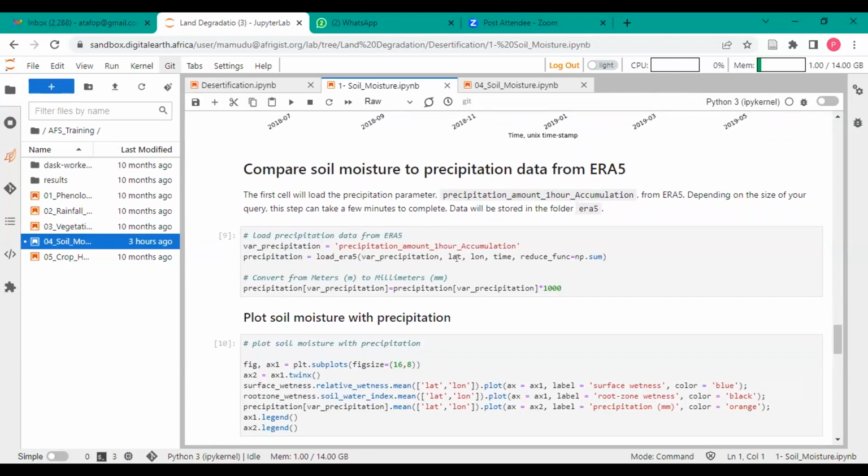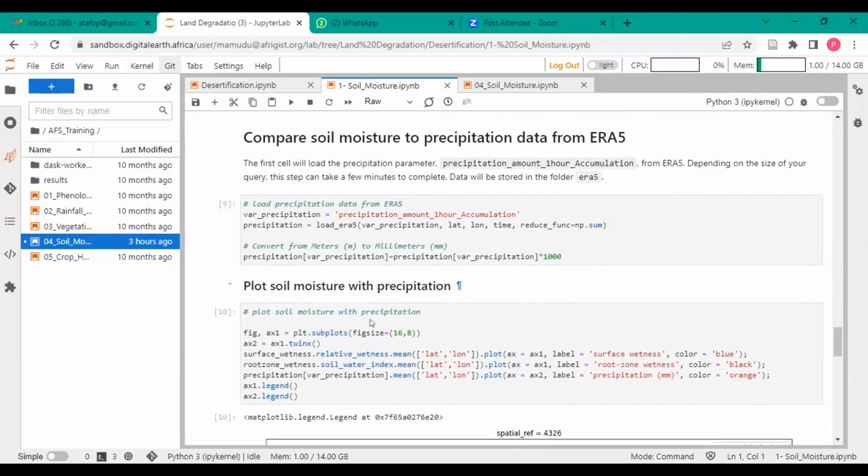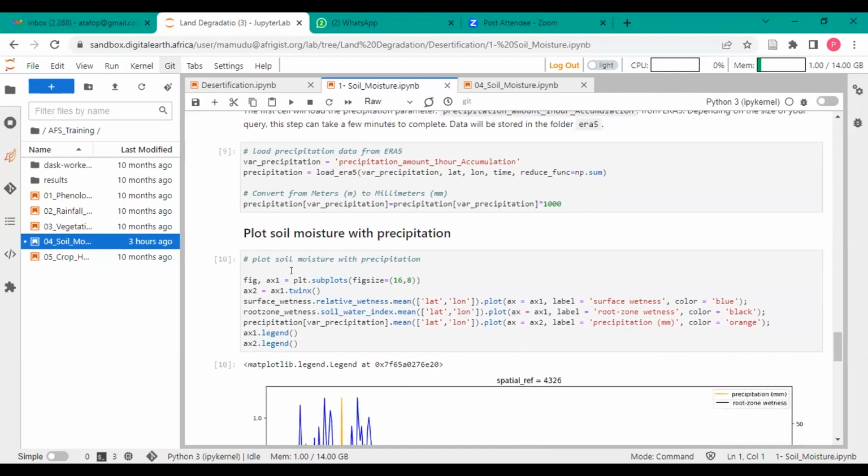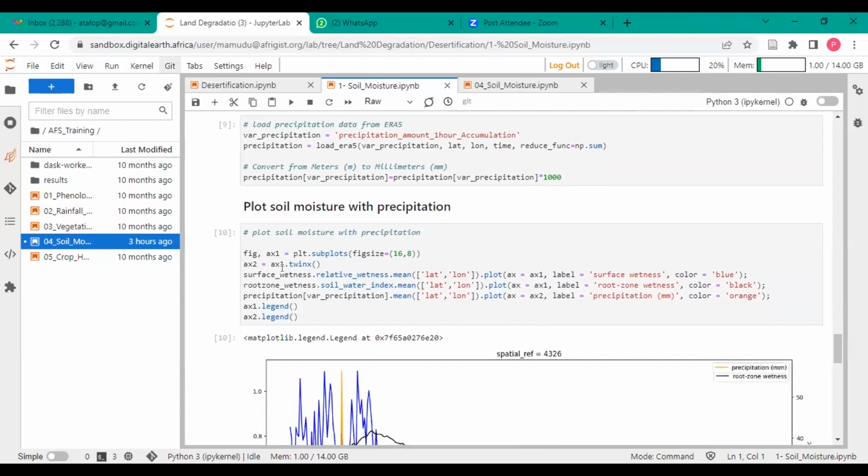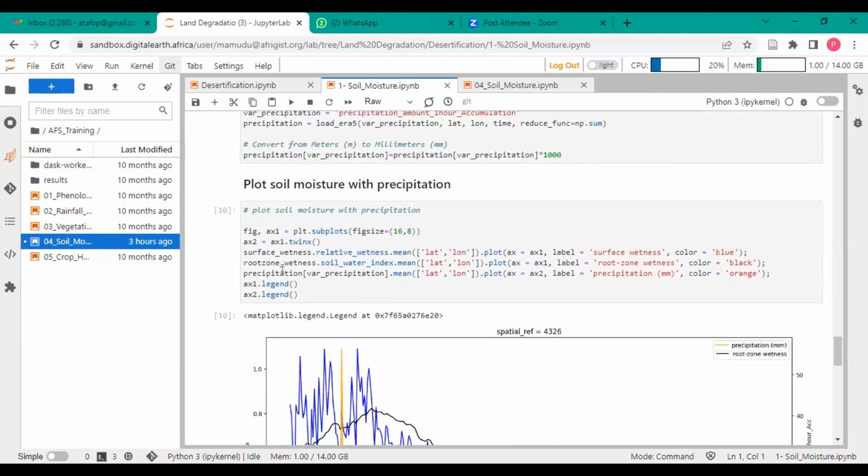And we are loading it for our latitude, longitude, and time frame as we specified at the beginning of this notebook. And then after loading it, we now plot the soil moisture and precipitation data sets.